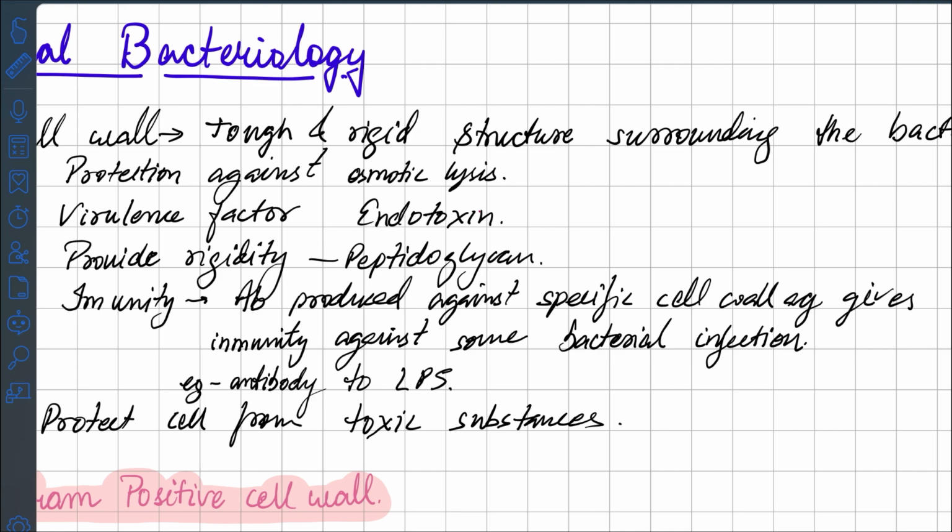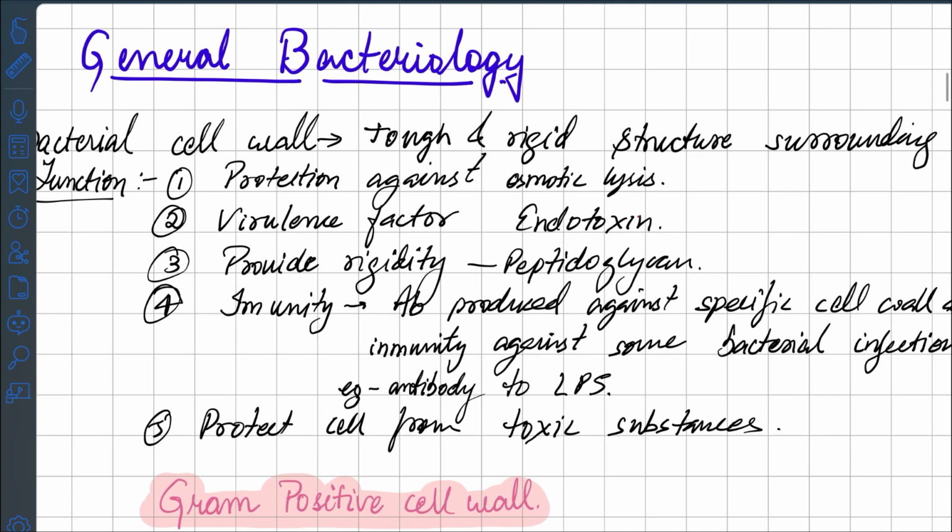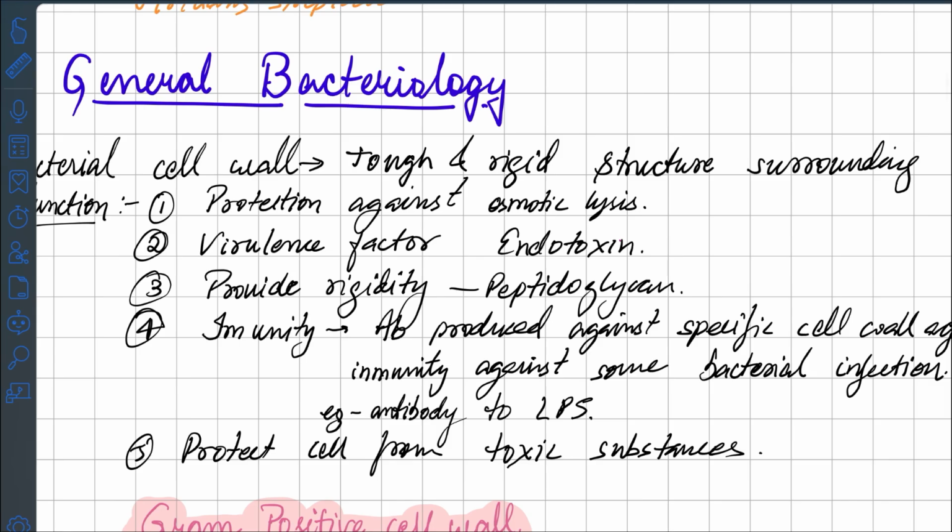The bacterial cell wall produces cell wall specific antigen against which our body can produce antibody and help prevent the bacterial infection, like antibody to the LPS. And the fifth function is that they protect the bacteria from toxic substances.